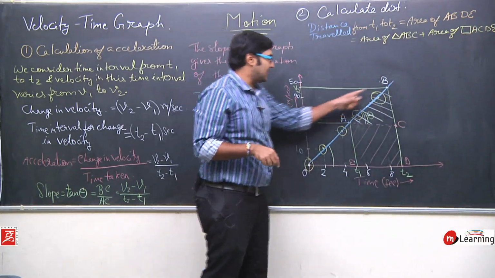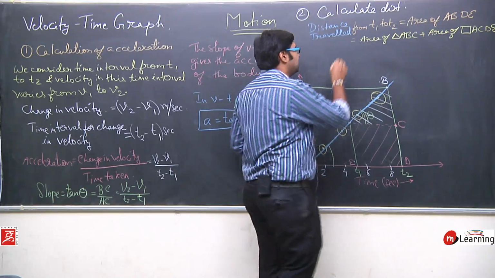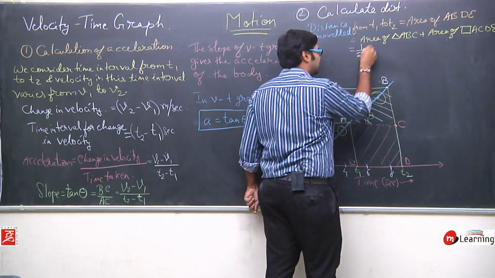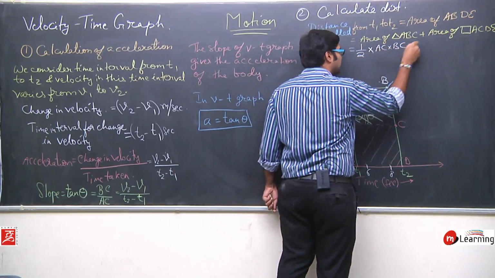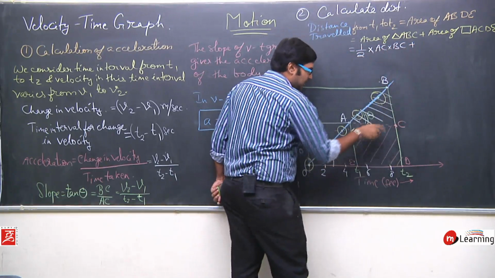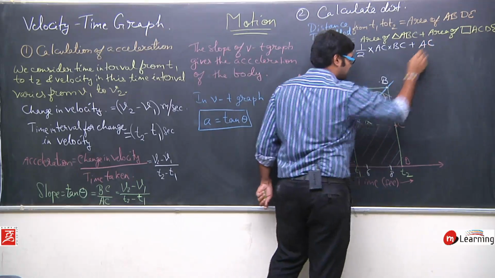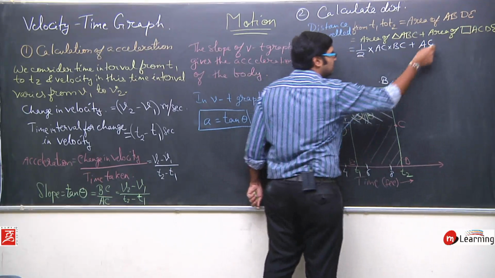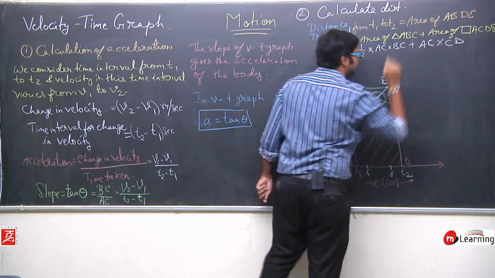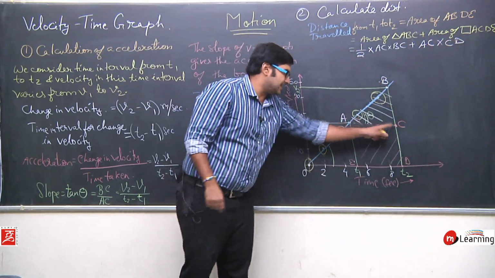Now what is the area of the triangle ABC? Area of triangle ABC is half into base. What is base? Base is AC into height BC. Plus, what is the area of this rectangle? Area of rectangle is length into breadth, that is AC into CD, or AC into AE, whatever you want to write. This is CD. Now what is AC?